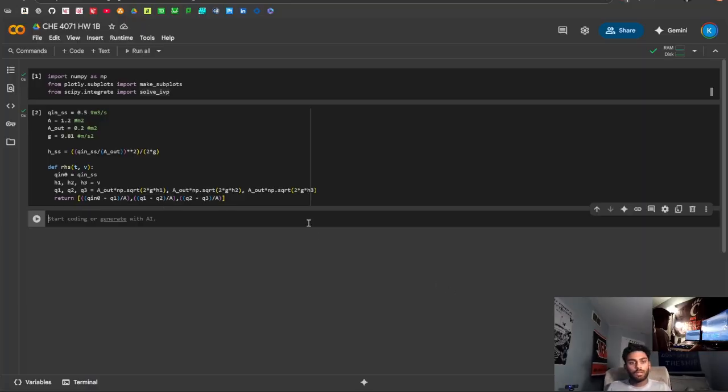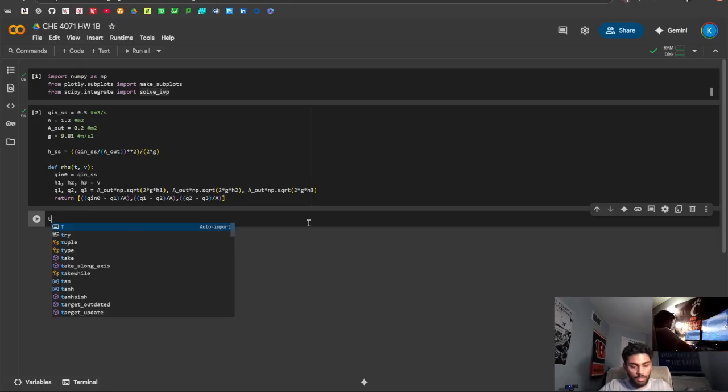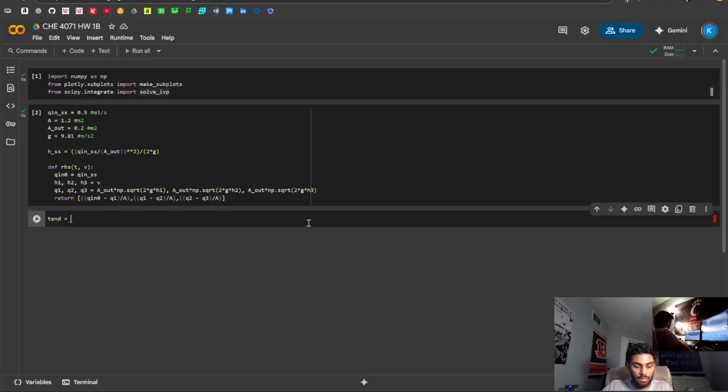So let's start coding in our solve IVP function. First, we want to define the time range over which we want to do this differential solution, the solution of our differential equation. So let's define some end time. 20 seconds sound good? So let's do this.